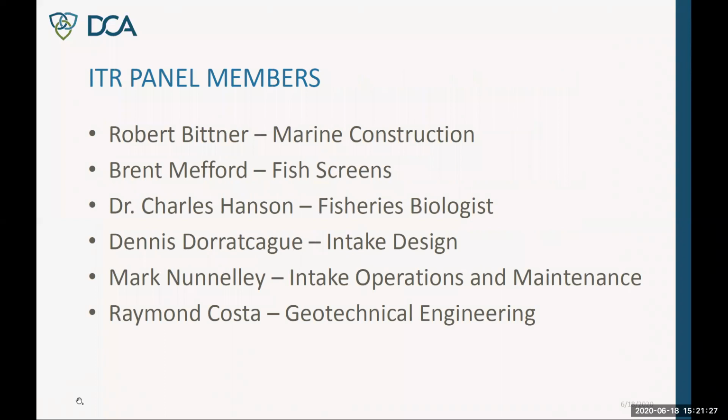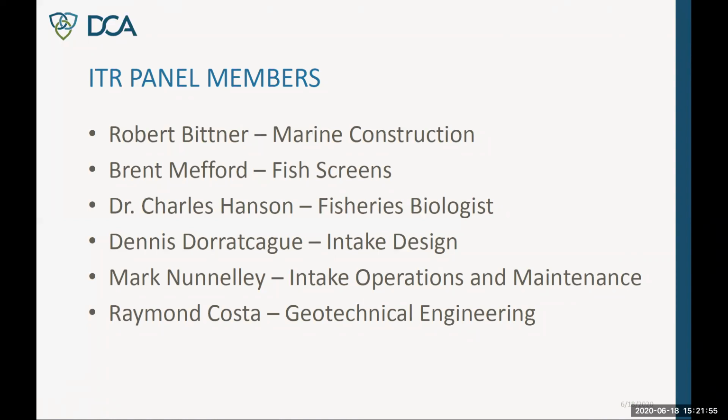Our panel members, you can see them here. I'm not sure all of their names are particularly important to people who don't know them, but we had Mr. Bittner, who was a marine construction contractor, so brought the perspective of working in the water, which is obviously key for the construction of the intakes. Brent Mefford is an ex-agency member who spent a lot of time working with fish screens throughout the Western United States.